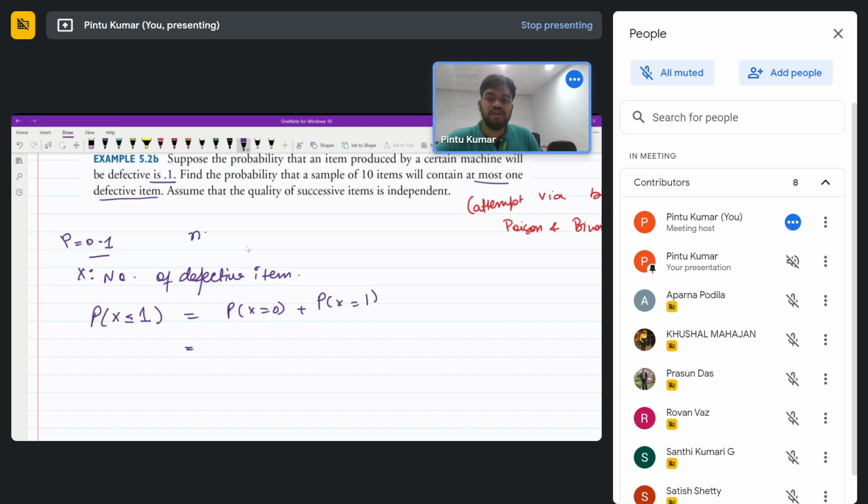Your p is given to be 0.1 and n is 10, so this is 10C0 times 0.1 to the power 0 and 0.9 to the power 10, plus 10C1 times 0.1 to the power 1 into 0.9 to the power 9.